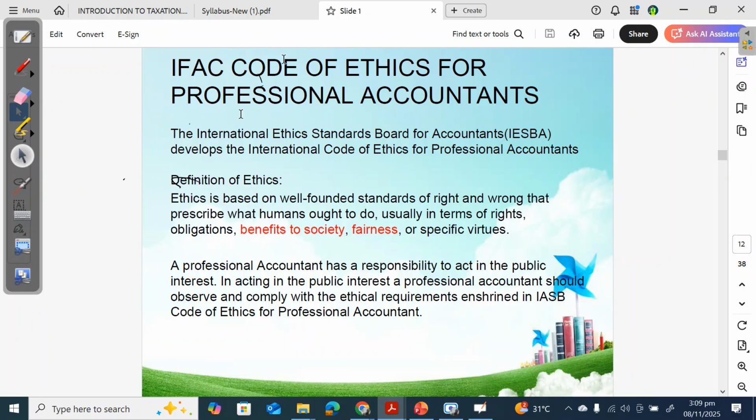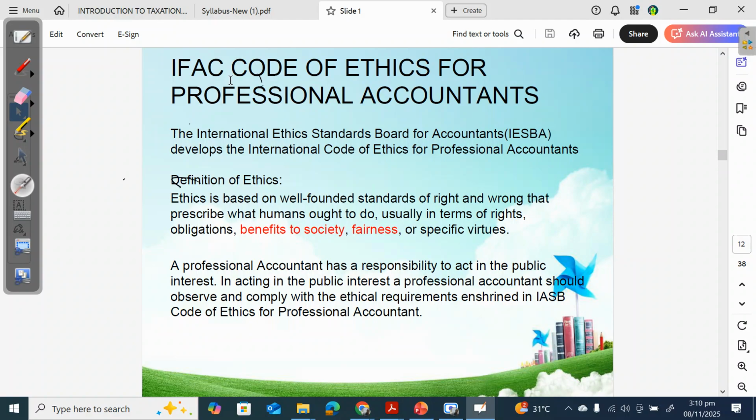So let's look at the IFAC Code of Ethics for professional accountants. IFAC stands for International Federation of Accountants. They are the international body in charge of accounting.